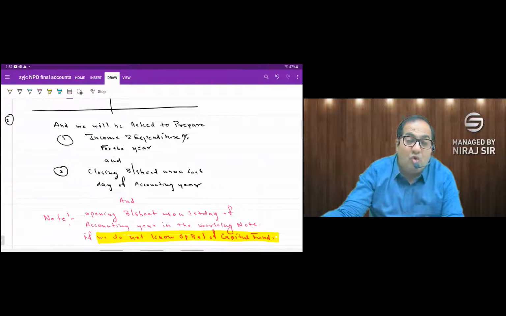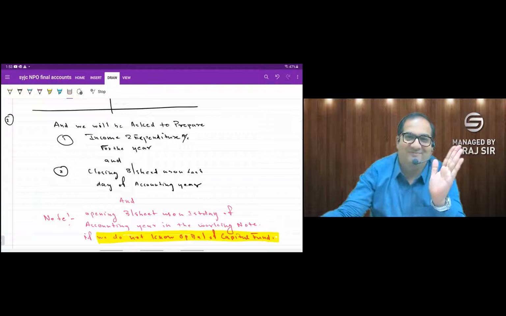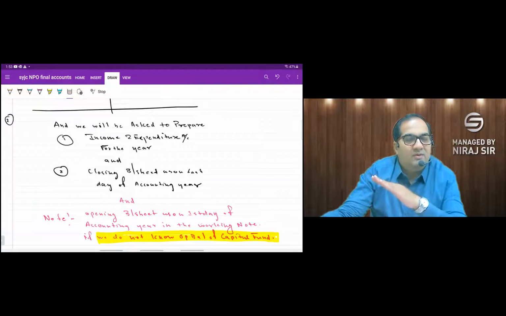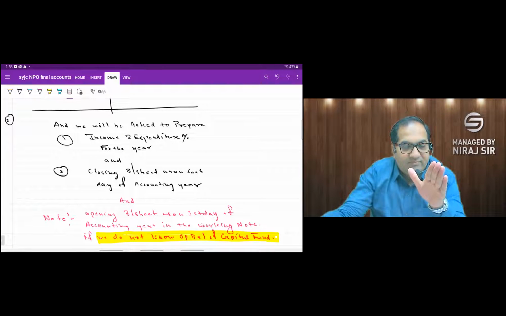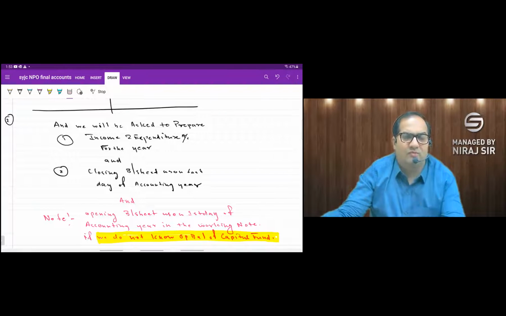Which you need to know while preparing your balance sheet as on last day of the accounting year. So, if you already know opening balance of capital fund, 1, because opening balance sheet is part of your question, or 2, in adjustments they have given you opening balance of capital fund, then you will only and only prepare income and expenditure account and closing balance sheet.